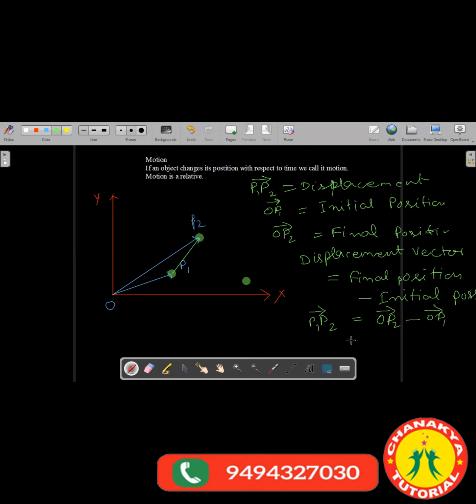We'll continue a little bit more about vectors. What are vectors and how do we study them?